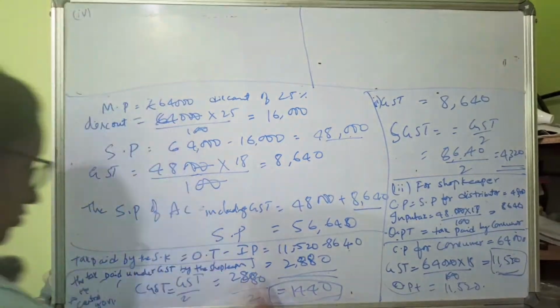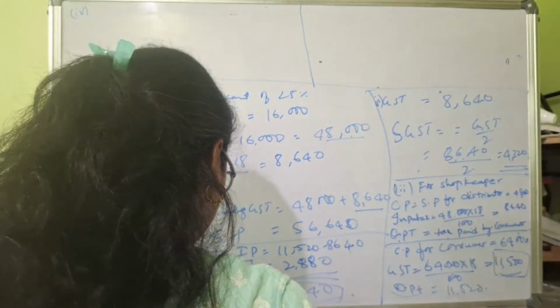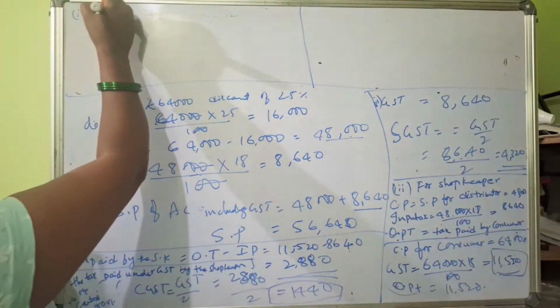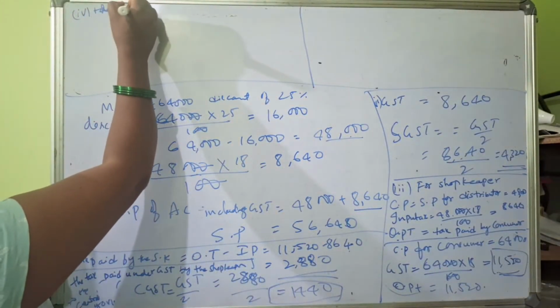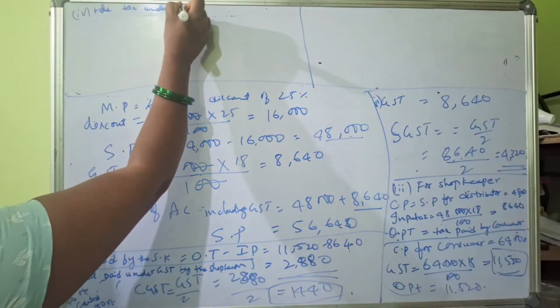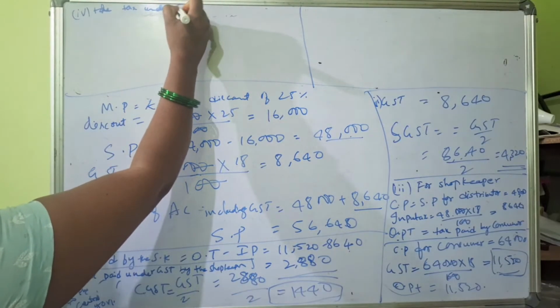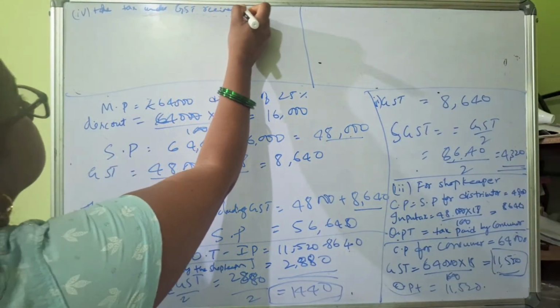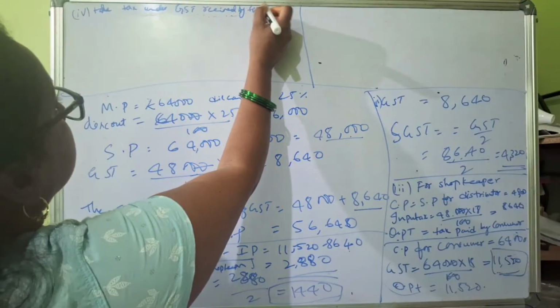And the fourth question is the tax under GST received by the state government.